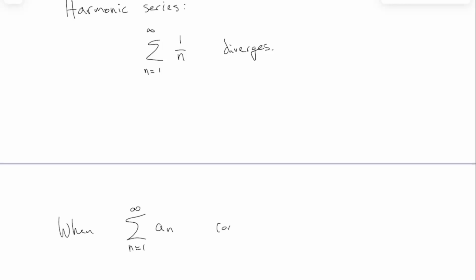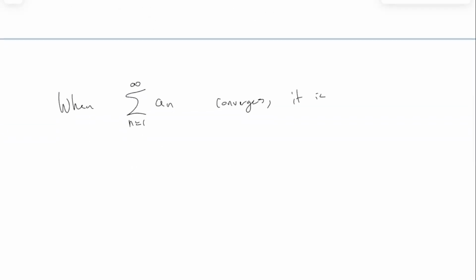When a series a_n converges, it is necessary for the limit of the sequence a_n to be 0.